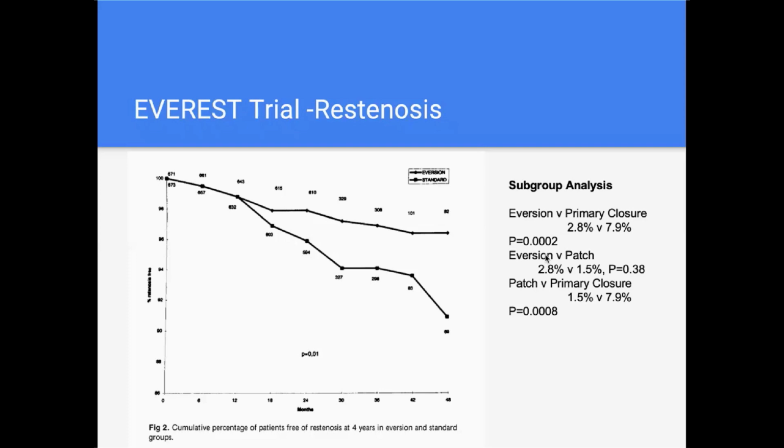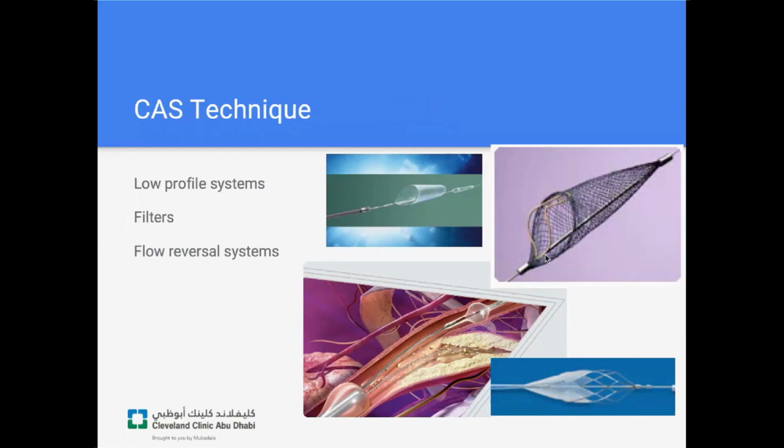Primary closure is associated with close to 8% restenosis rate. That's restenosis greater than 50%, resulting in both symptoms and reintervention. This drives the recommendation that the patients either undergo a patch closure or eversion endarterectomy.